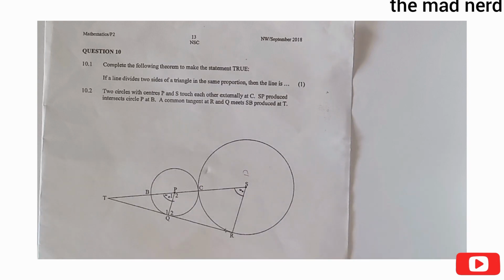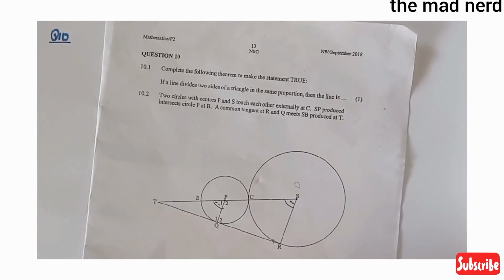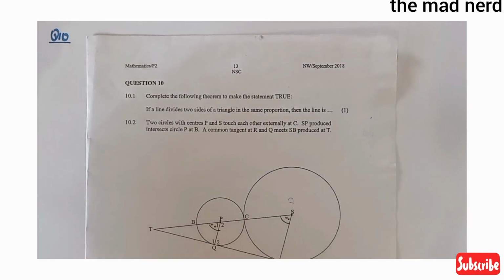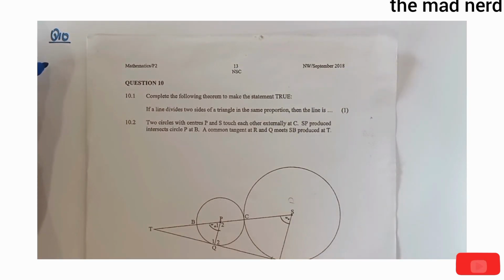So they left out the part that is parallel. That dash part there, we can replace with parallel. So for 10.1, the answer is parallel.